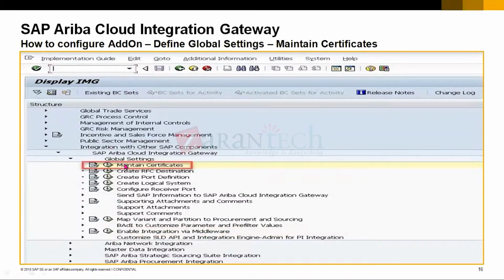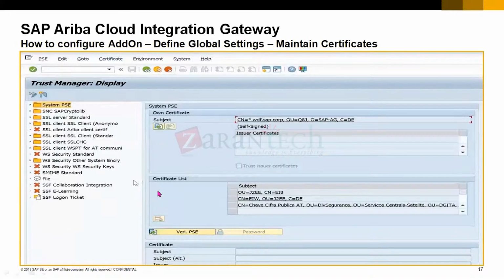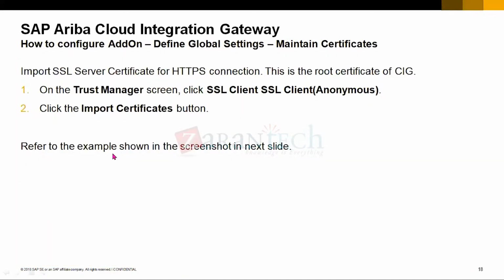So you can see they have to come into this maintenance certificate option here, and once we come into this maintenance certificate option, you can see a similar kind of screen in this presentation as well. And here they have to follow a different process. So you can see the information is given here.